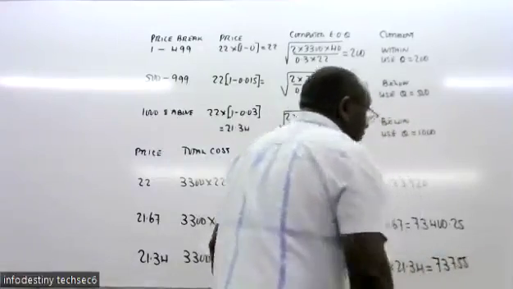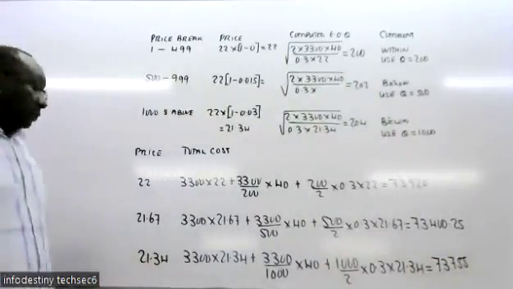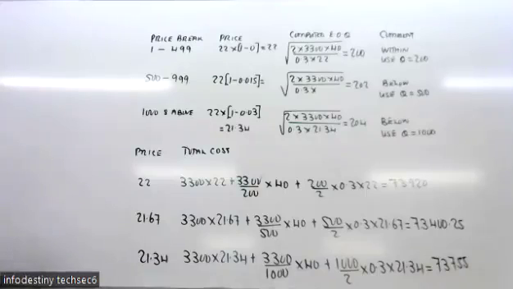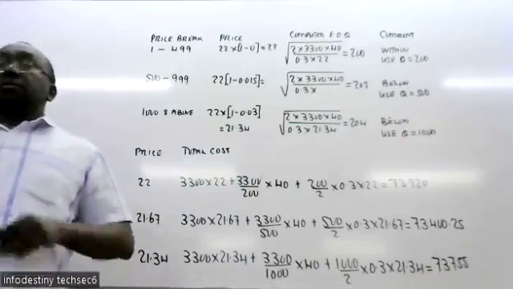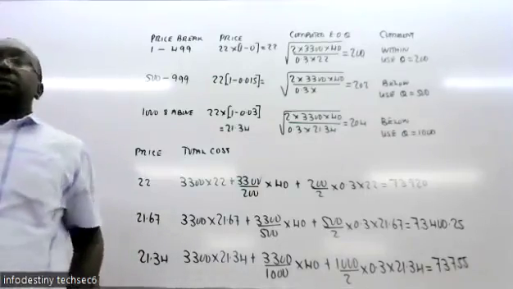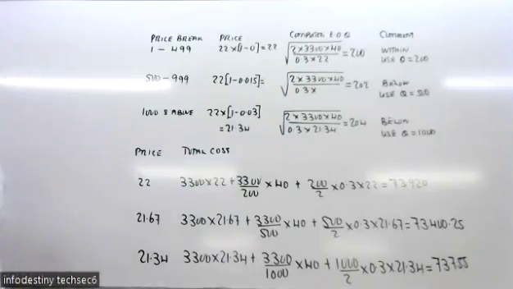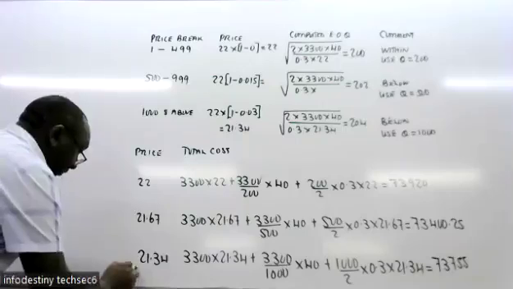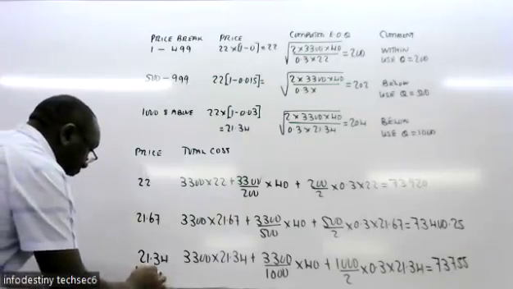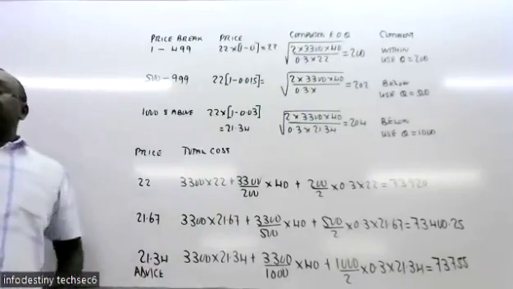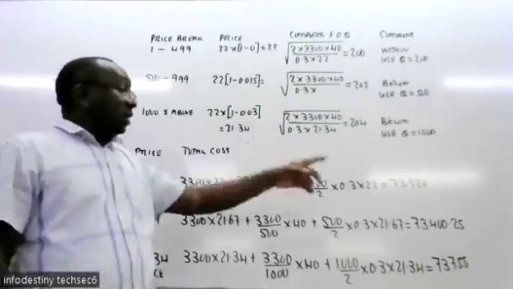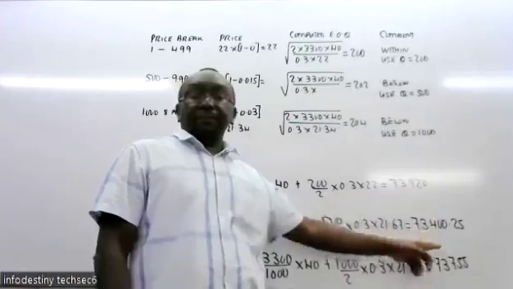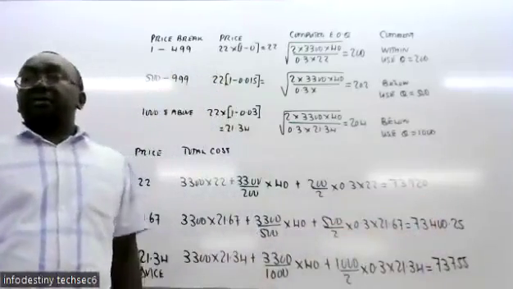73,755. Advice. Now the advice is based on this total cost here, whereby you pick the minimum.